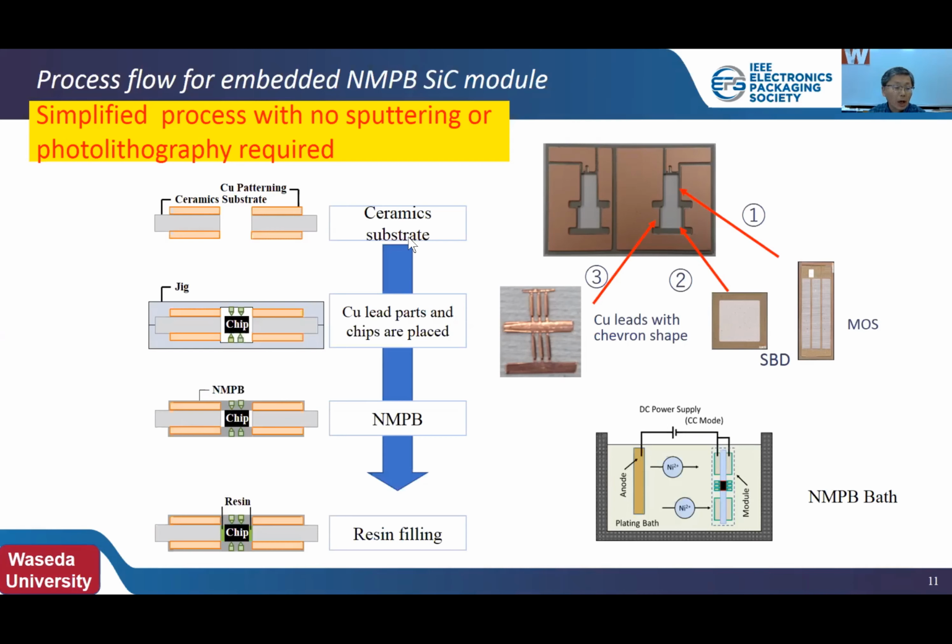Then all the lead parts were fixed using a jig. A bond set of leads, chips, and ceramic substrate with copper plate is placed in a nickel plating bath and simultaneously interconnected by nickel electroplating.